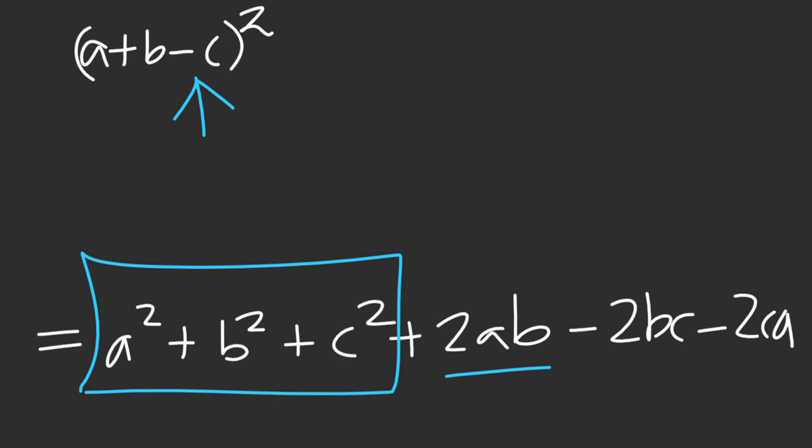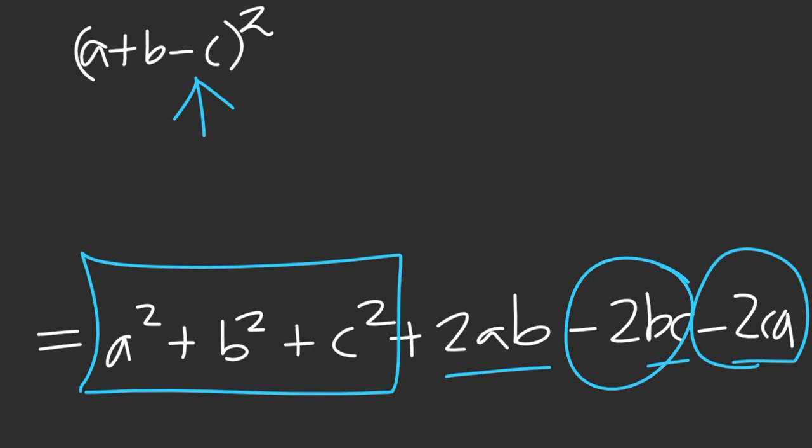Only changes should be made in the 2ab, 2bc and 2ca part. So if only one negative sign is there, like this minus c, wherever you see c, just put the negative sign. So in these two places you see c, so you put a negative sign out there.